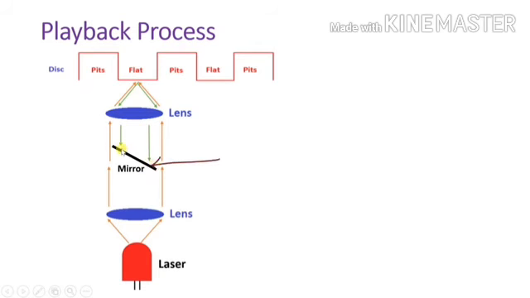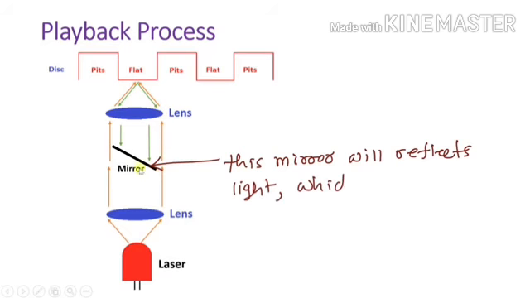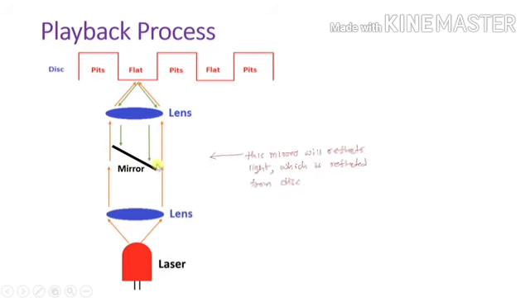Now see here, this mirror will not reflect light which is going from the laser side. Why? The reason is this is a polarized mirror. So this mirror will only reflect light which is reflected by the disc. It will not reflect light which emerges from the laser.